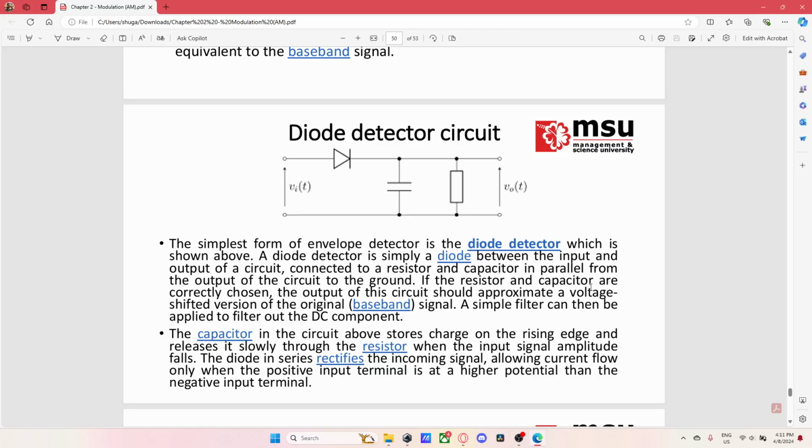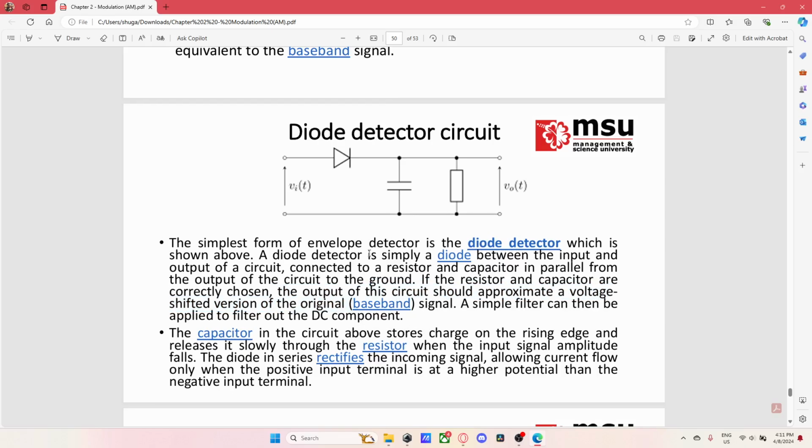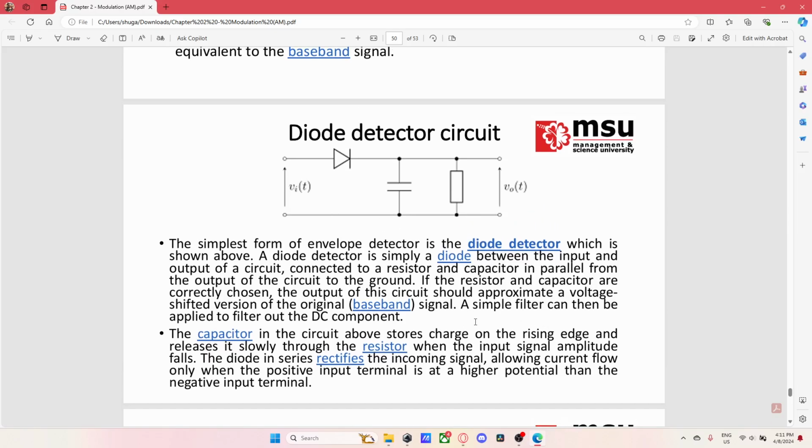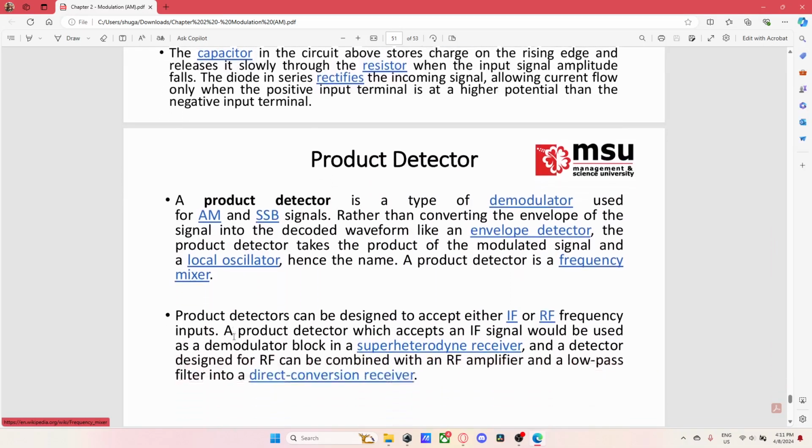If the resistor and capacitor are correctly chosen, the output of this circuit should approximately be a voltage shifted version of the original baseband signal. The capacitor stores charge on the rising edge and releases it slowly through the resistor when the input signal amplitude falls. The diode in series rectifies the incoming signal, allowing current flow only when the positive input terminal is at a higher potential than the negative input terminal.